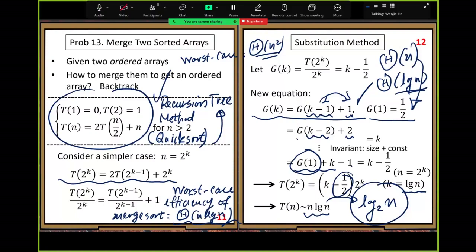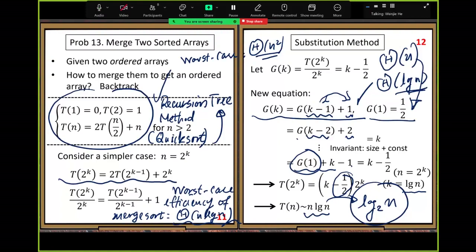Why? Because later you will see, even for the average case, n log n is the best we can do. When you put the worst case under control, like the merge sort, the average case is not far away from the worst case.